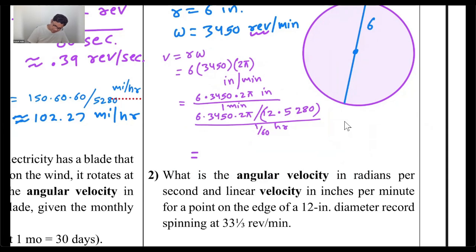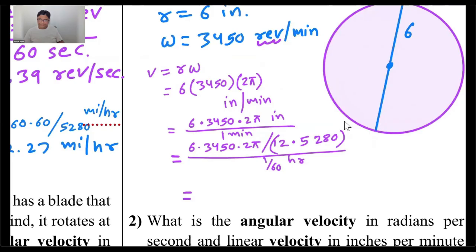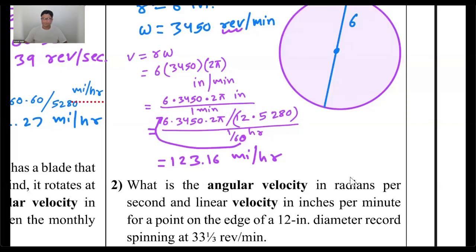Now we can write the solution here. Once again, I'll pause the video and get to it. Okay, so I did that calculation. Make sure that the 60 in the denominator, you flip it and multiply with the numerator when you do the calculation. 123.16 miles per hour is what you should get.